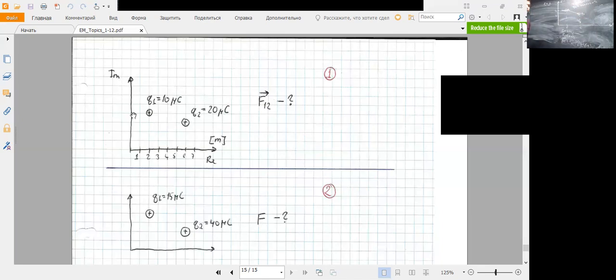How much is the square root of 17? 4.1. So 4 over 4.1 minus 1 over 4.1 j.